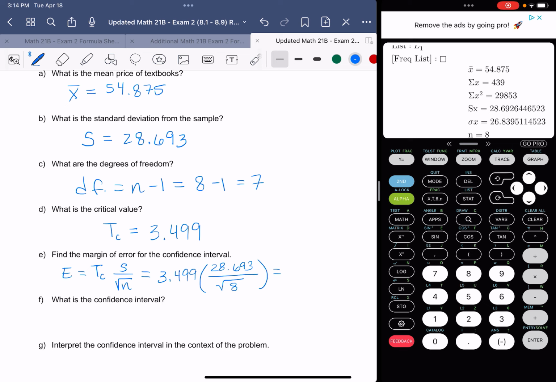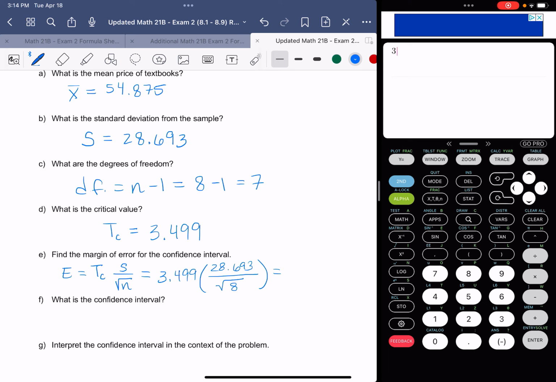Oh, there it is. Okay, there we go. 3.499 times, I wonder if this has the fraction function. It does. Okay, cool. 28.693 over the square root of 8. And we get 34.496. 35? Oh, 35, thank you. Misread that.